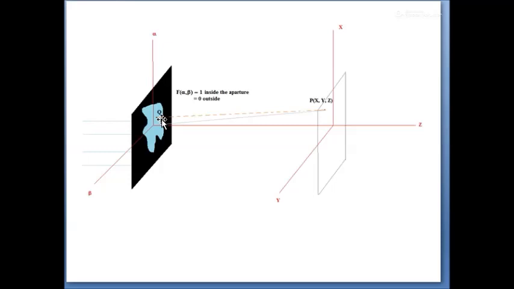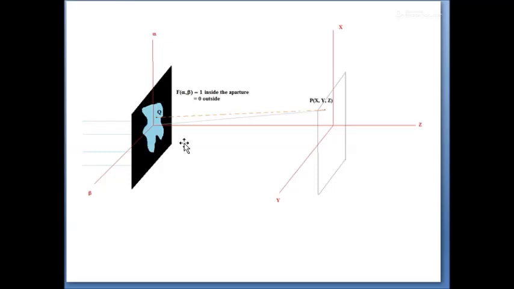So firstly I have considered a general aperture through which the light is entering into the region. And obviously this aperture is on the alpha beta plane. So this aperture is lying on the alpha beta plane.